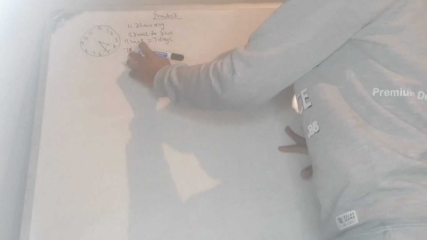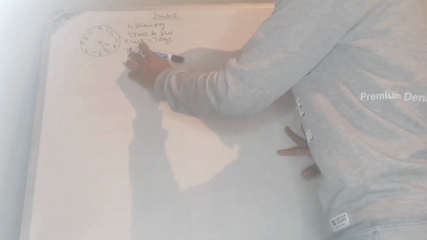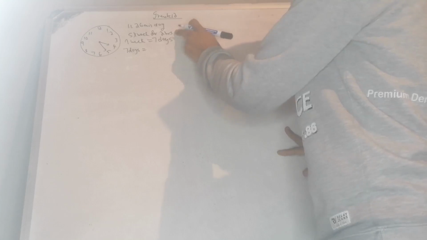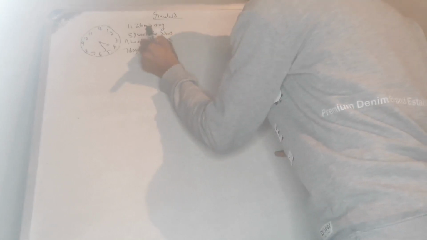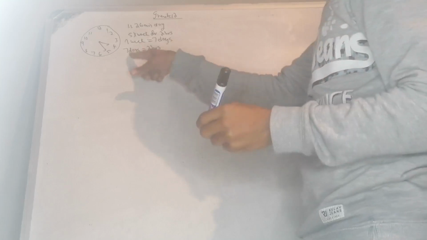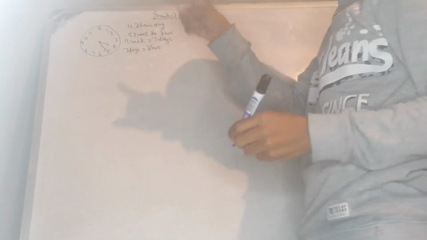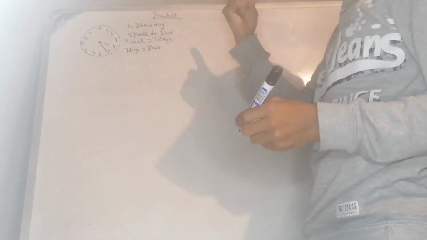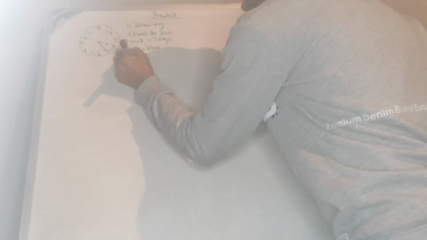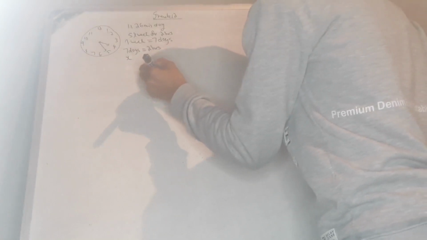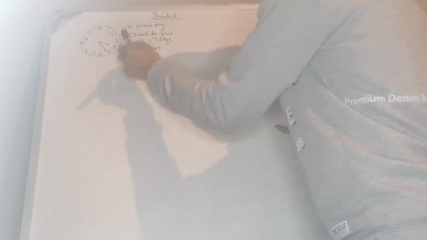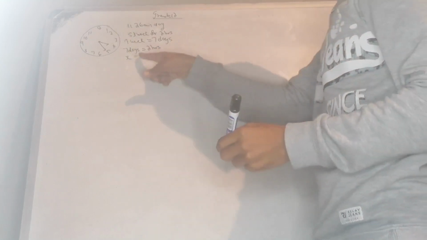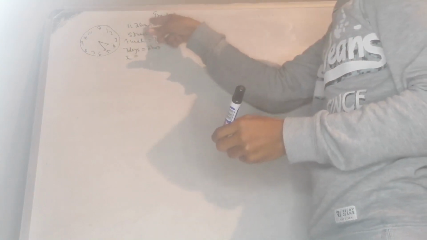A week is 7 days. So in 7 days she waters 2 hours. But when I go 7 days, per day, 26 minutes a day. X per day water 26 minutes.